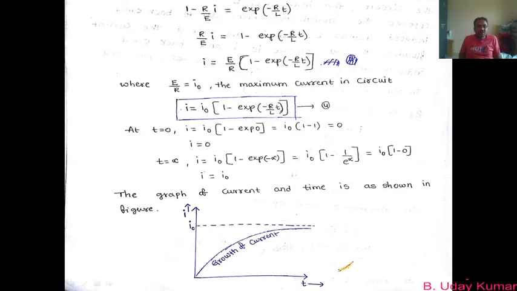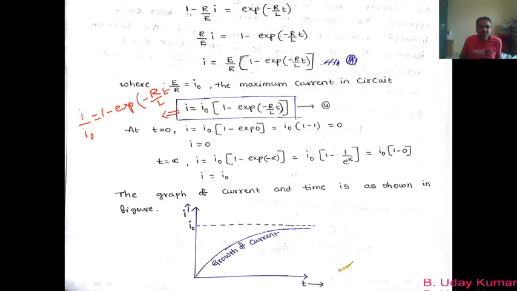This equation I can write in another form also. If I send this I0 to the left hand side, I can write this equation as I by I0 is equal to 1 minus exponential of minus R by L into t.